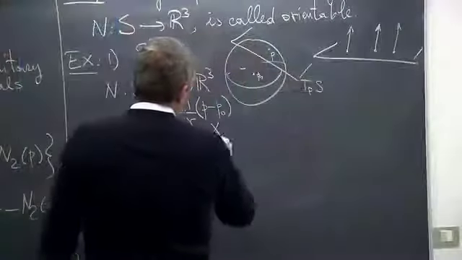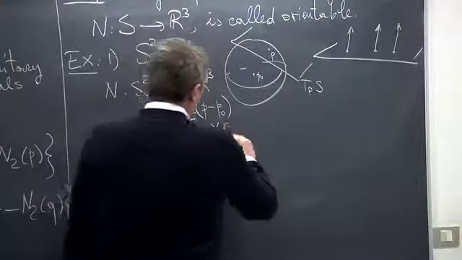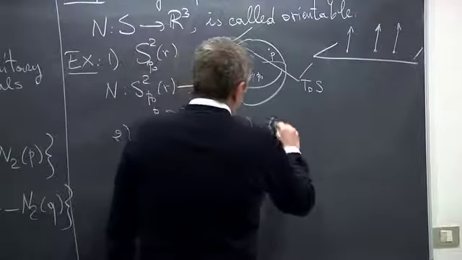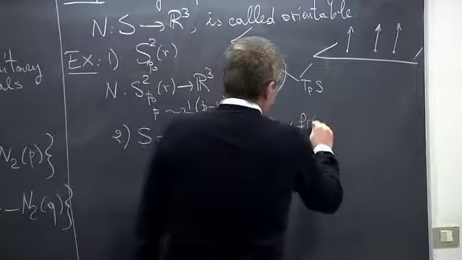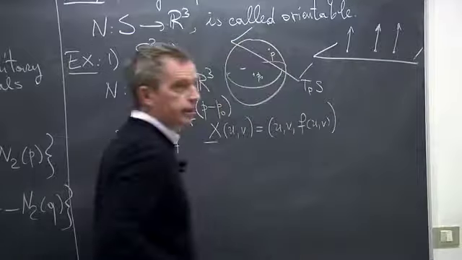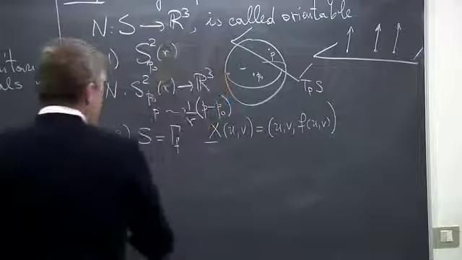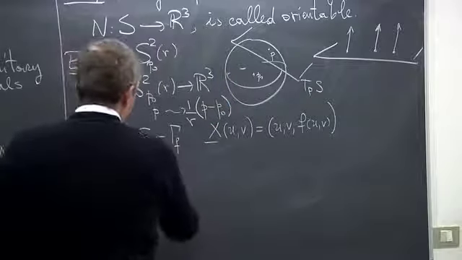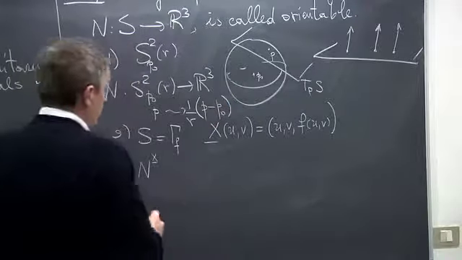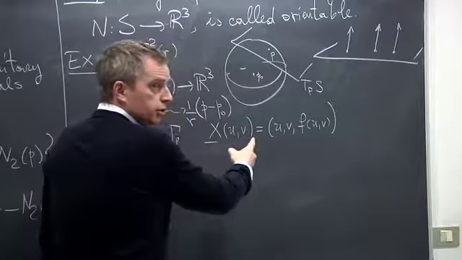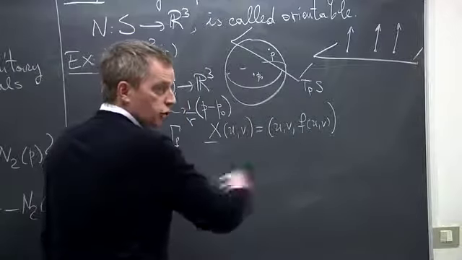Now, x, what is x in this case? X of (u,v) is (u, v, f(u,v)), okay? And what was the lemma telling you? Construct n_x. So n_x was the vector field, the cross product of x_u with x_v, normalized.